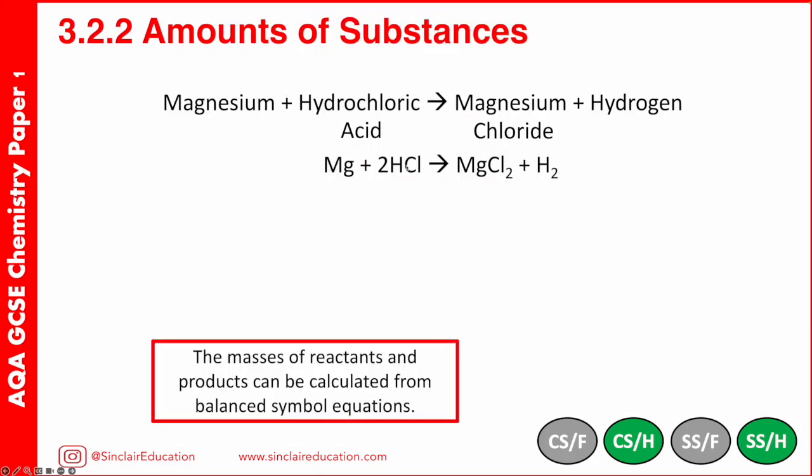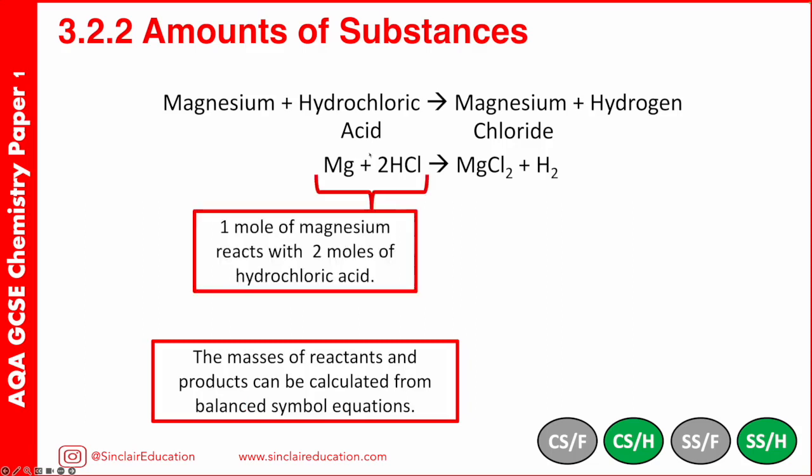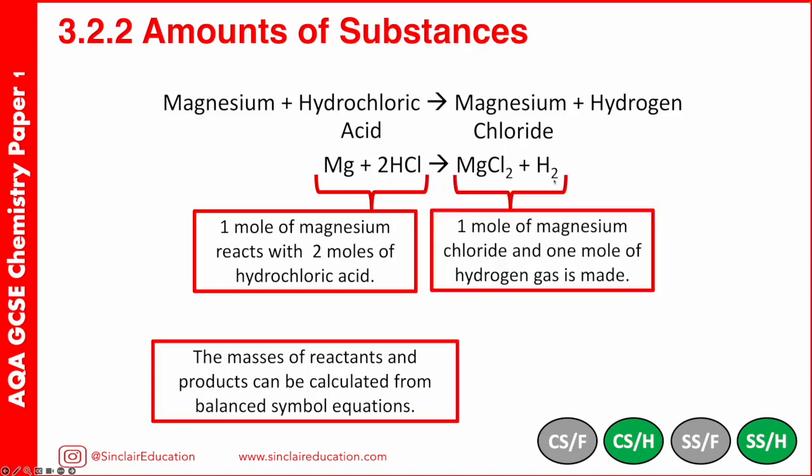If we have a look at this equation, we've already looked at the idea that we need balanced equations. But if we rephrase, this equation shows us that 1 mole of magnesium reacts with 2 moles of hydrochloric acid to make 1 mole of each of these. We've been given ratios. We know the proportion of magnesium that needs to react with hydrochloric acid.